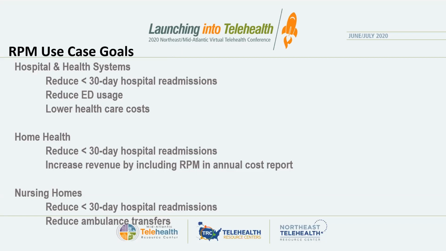So hospitals and health systems: the primary reason they have embraced remote patient monitoring is really to reduce less than 30-day hospital readmissions. And now they're focusing also on reducing less than 90-day hospital readmissions and reducing their ED usage, and it lowers total health care costs.